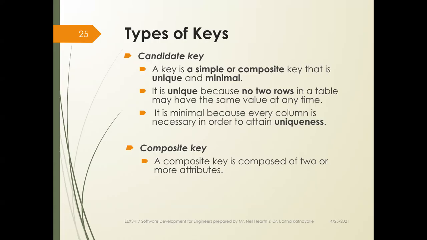Composite key, that is unique or minimal. The name is also a key. A person can be identified by the name. The other thing is the composite key. Composite is a combination of two or more attributes.